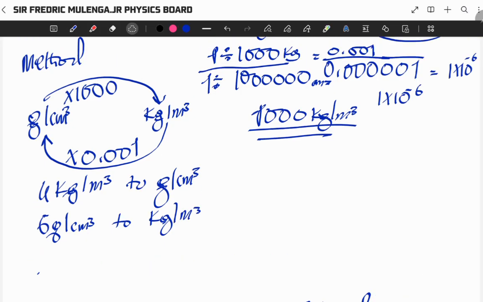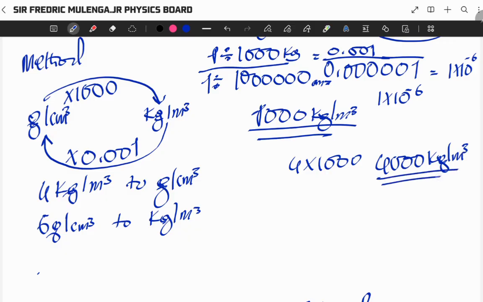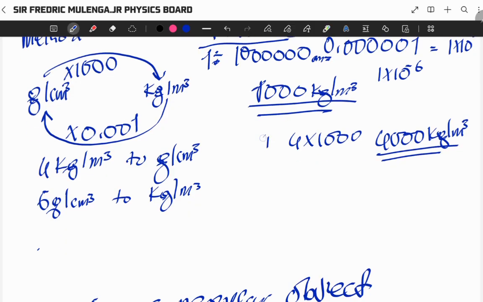Okay, if we get 4 kilogram per meter cubic, using our simplest method, 4 times 1000 will just give us 4000 kilogram per meter cubic. Done. That's number one.